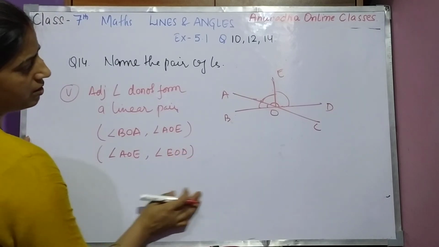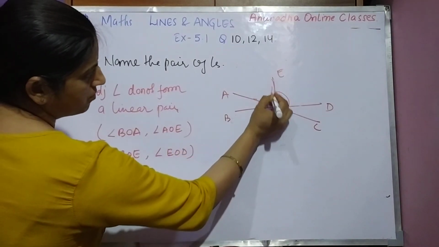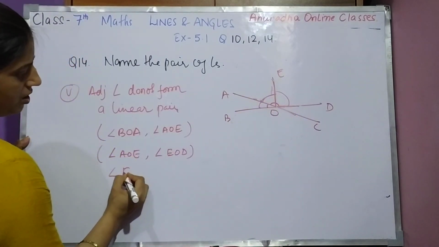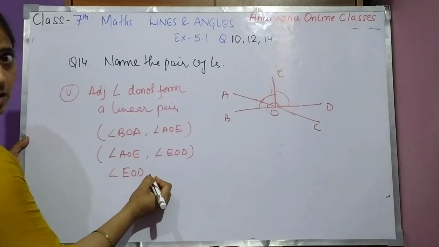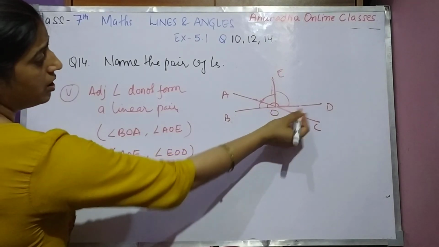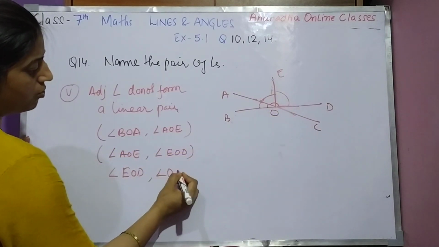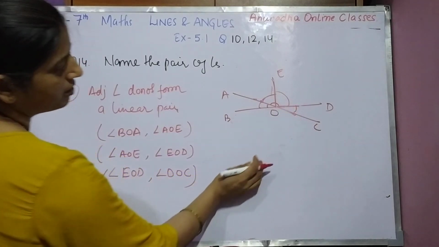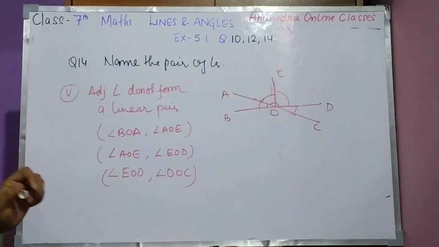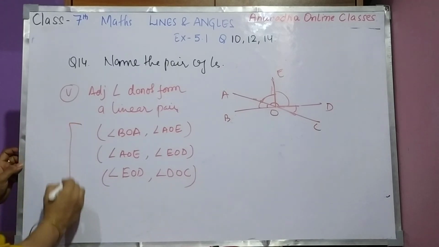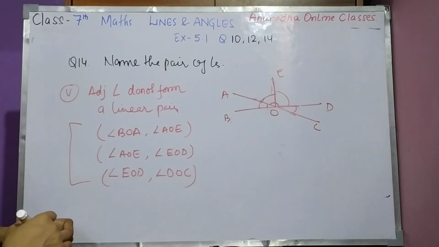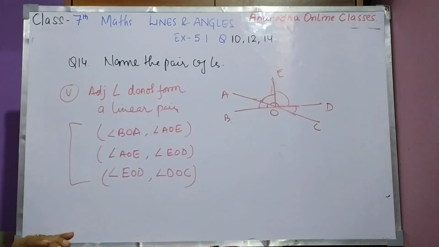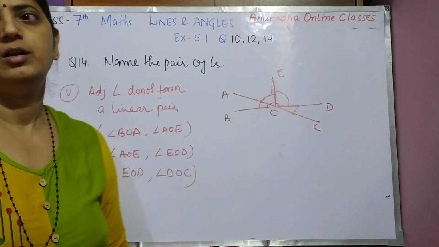Then this is also this one and this one, that is angle EOD and angle DOC. So these are the pairs of adjacent angles that do not form a linear pair. These are not forming a linear pair.